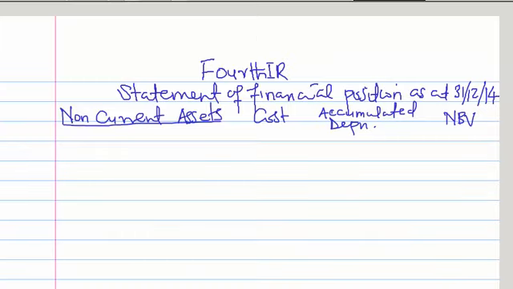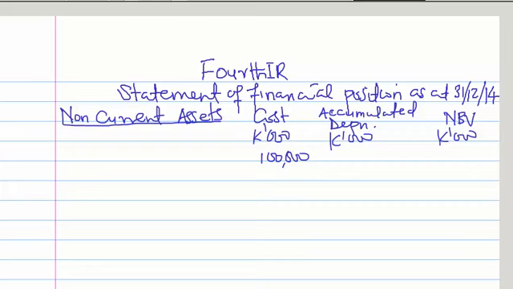So the initial cost of our land and buildings was, we need to put the millions on top there, 100 million.